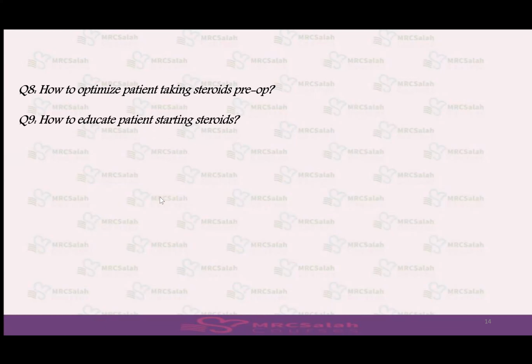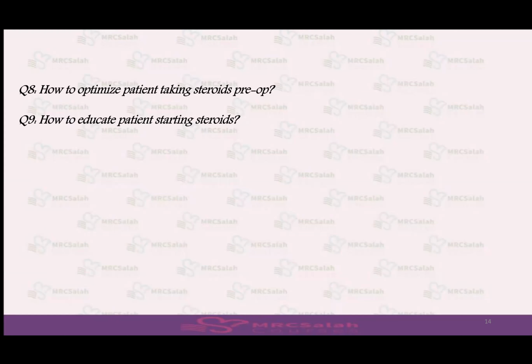Dr. Shaima, how to educate patients starting steroids? Okay, I will tell the patient not to stop steroid abruptly, and he should taper it off, and make the doctor aware that he is taking steroid every time he goes to hospital or has surgery, and wear a steroid card. I will tell the patient that steroid will lead to weight gain and muscle weakness, behavioral and mood changes, and increased risk of peptic ulcer.